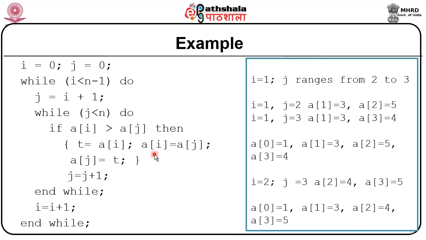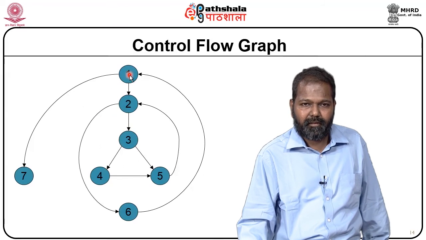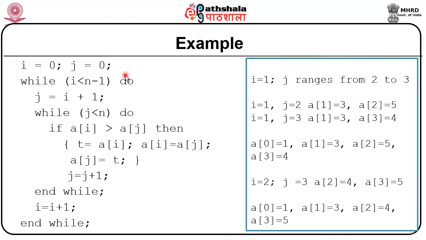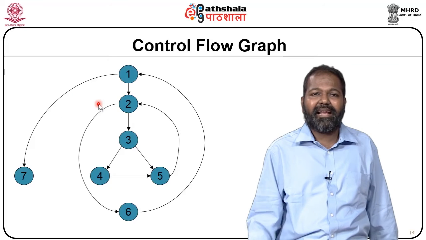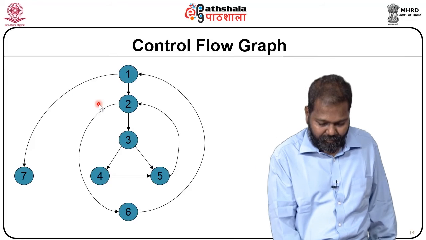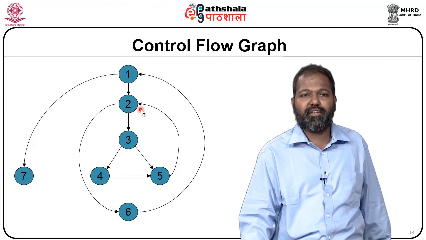Now, consider this example. In case I treat node 1 for the while loop and the next statement j equal to j plus 1 is assigned another node, then the next while is assigned another node.